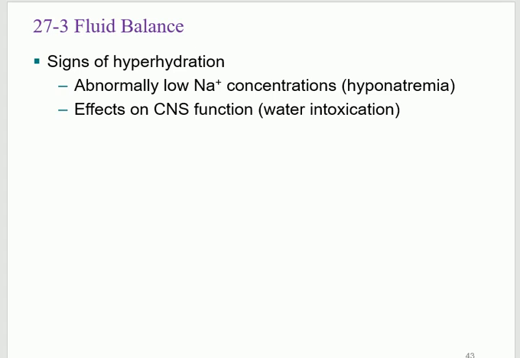Look at this: hyponatremia. Hypo is low, obviously. Natr means sodium. Emia means blood. Hypo is deficiency or low. So hyponatremia means low sodium in the blood. Low sodium, like we have less sodium? No, this is not accurate.